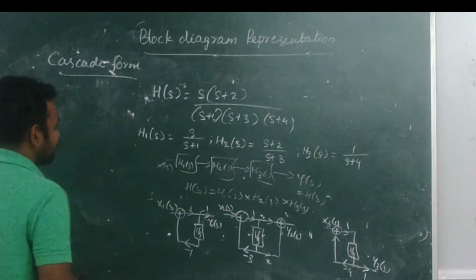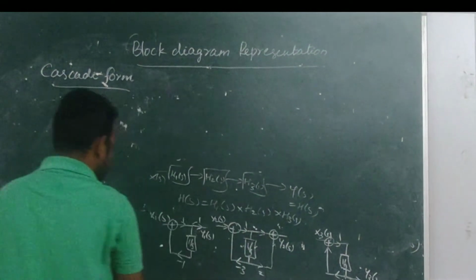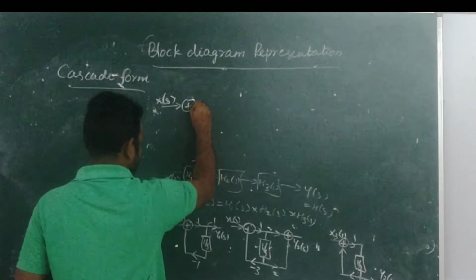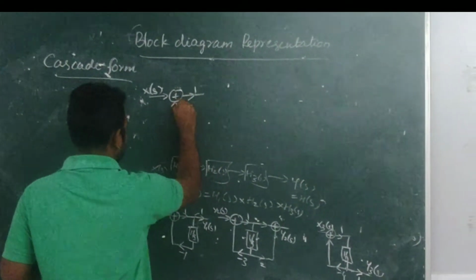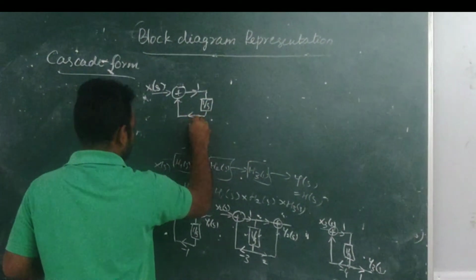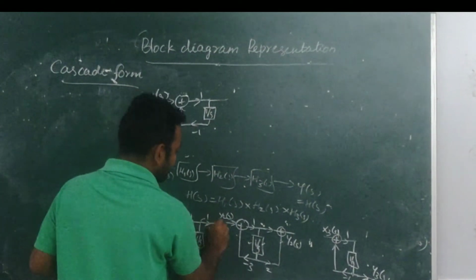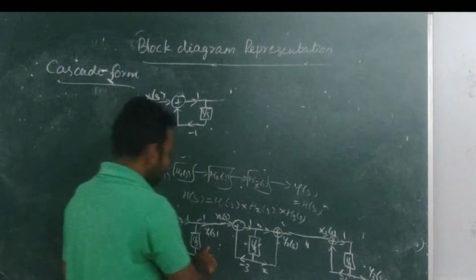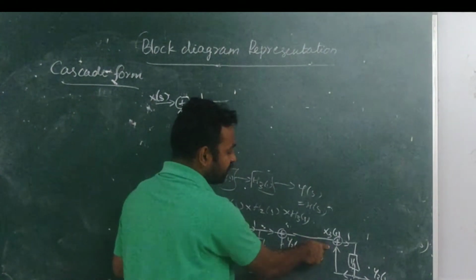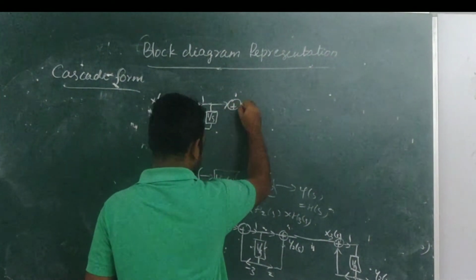So now in cascade realization, we are combining all these 3 systems. Therefore, the overall input x of s is given. This is the first system, again connected to the second one. So all the things are connected. Output of the first is input for the second system. Output of the second system is the input for the third system. So in this manner, we are connecting the things.